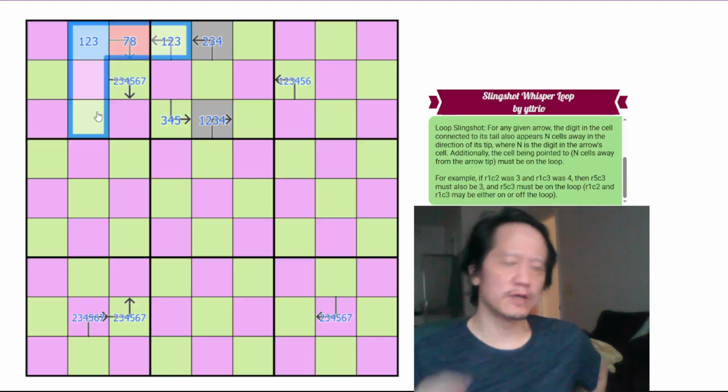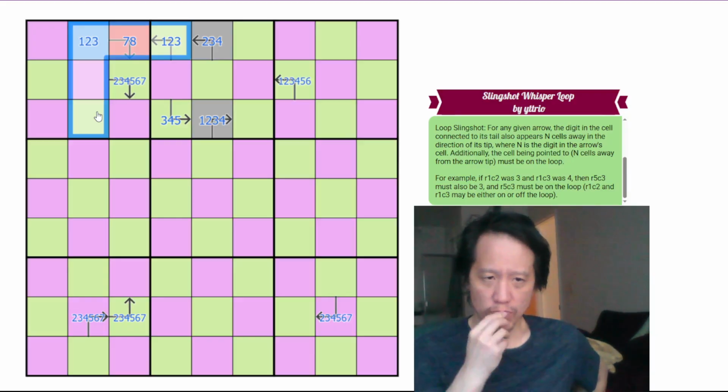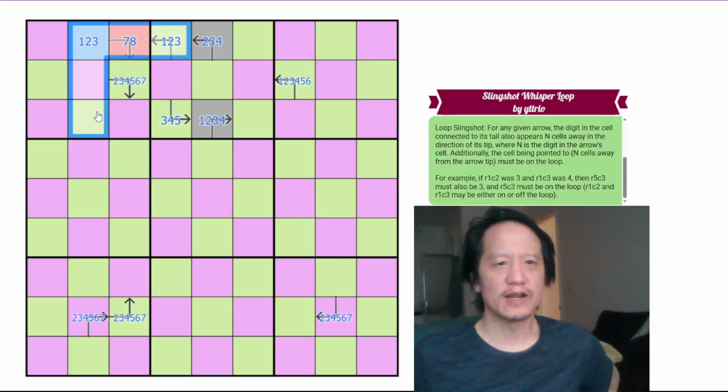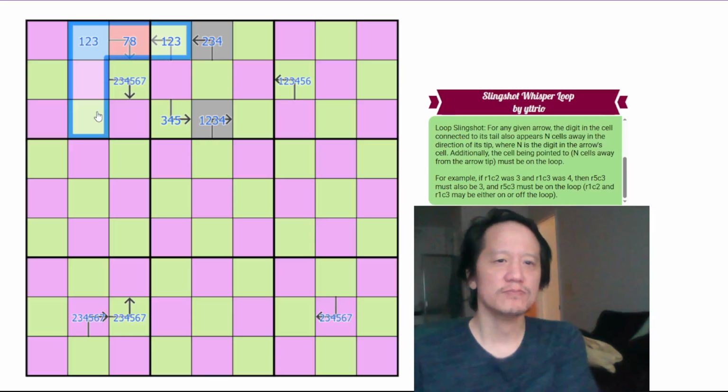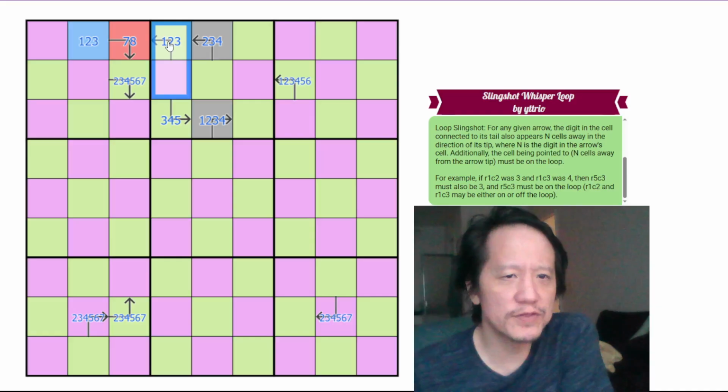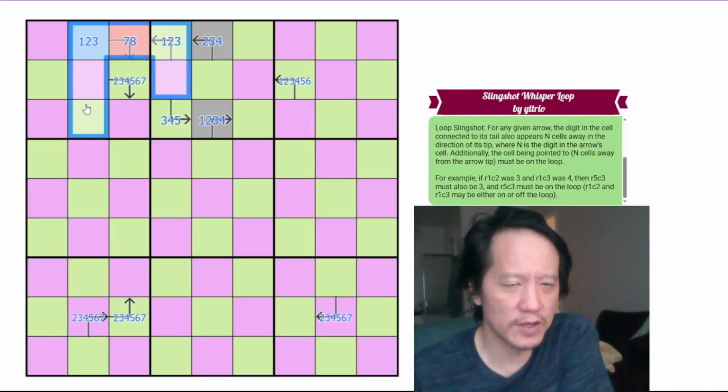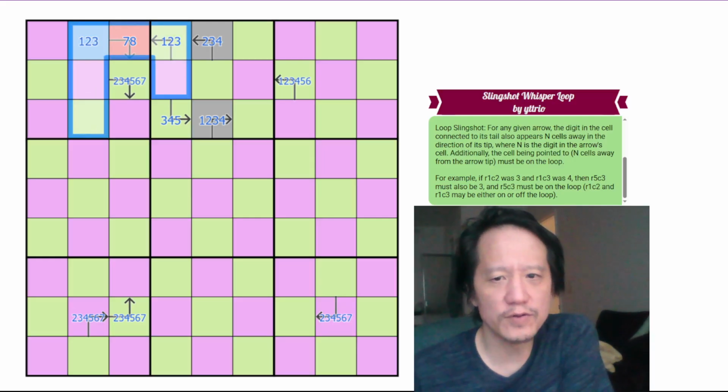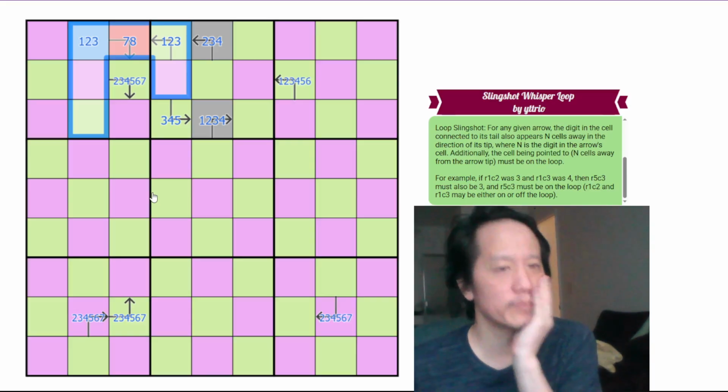If that were the case, excuse me, I have a hair in my mouth. So if it went this way, it has to go this way. So this would have to be a high. So if it went this way, what does that mean?